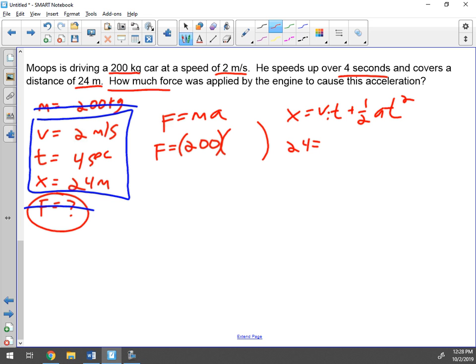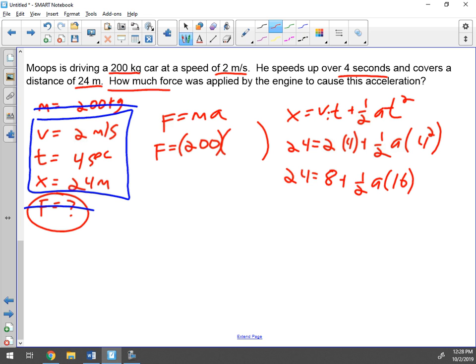Plugging my numbers in, I have 24 equals 2 times 4 plus 1/2 a times 4 squared. We get 24 equals 8 plus 1/2 a times 16. 24 is 8 plus, I'm going to do half of 16.